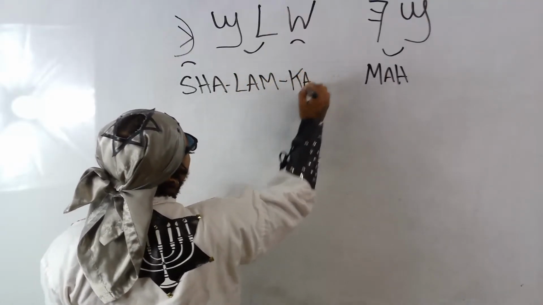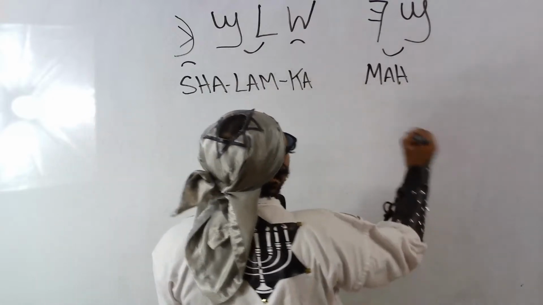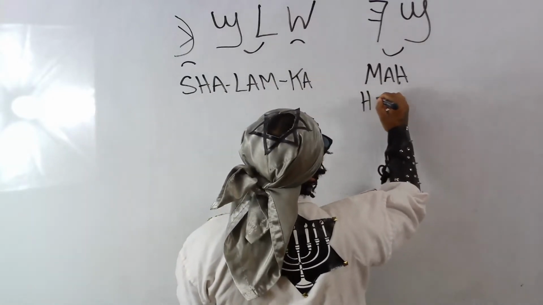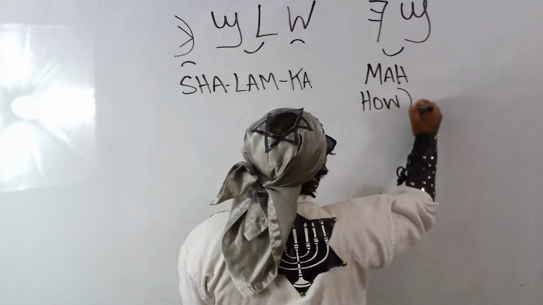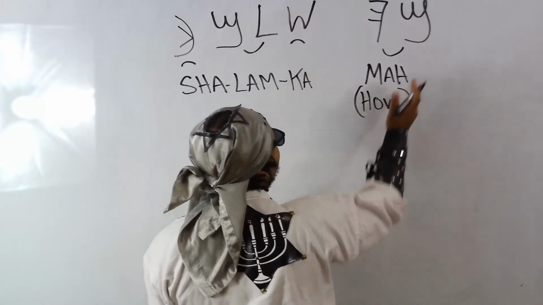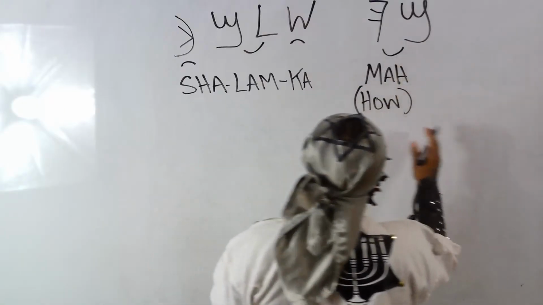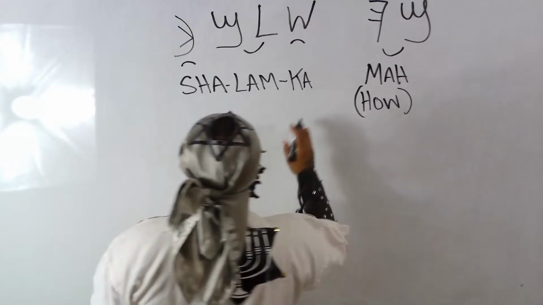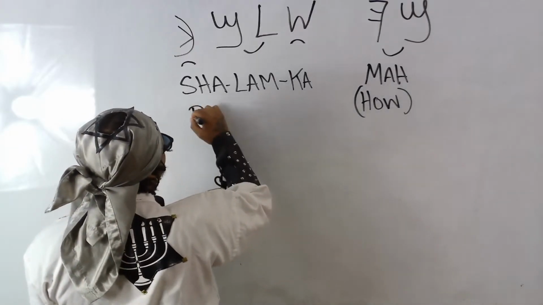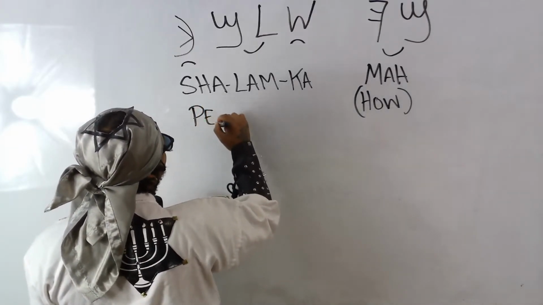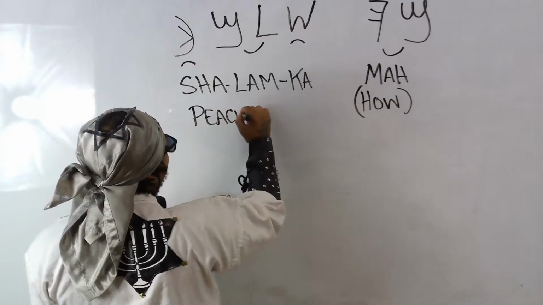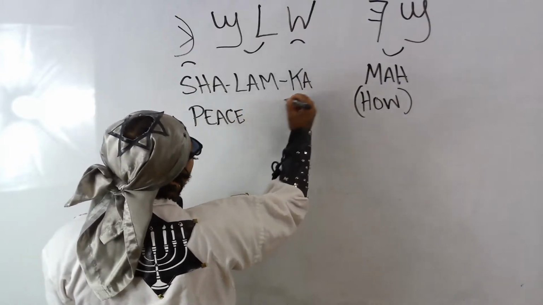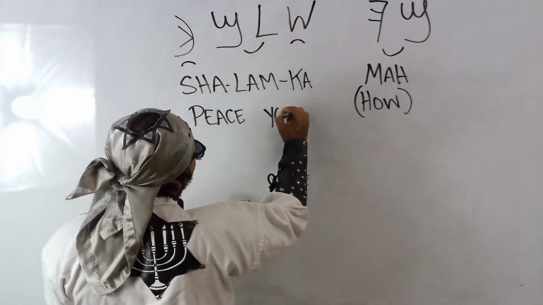Shalom ka. Now, what are we saying? We're saying how. Ma is how or what. That's what ma means. Shalom is peace, you know that shalom is peace. And ka at the end is your.